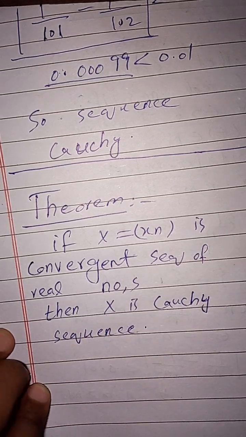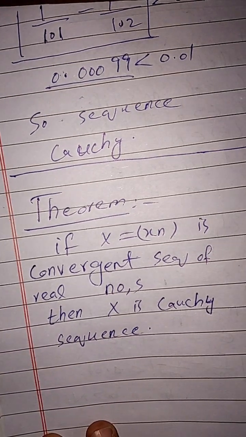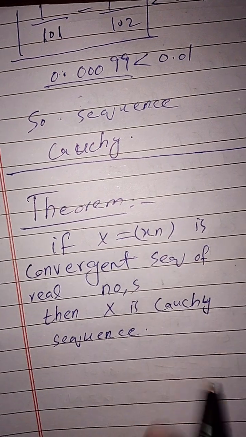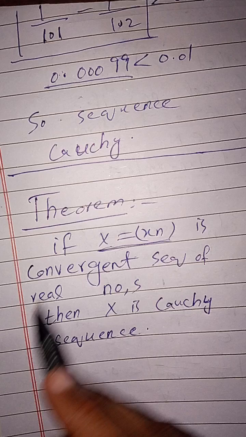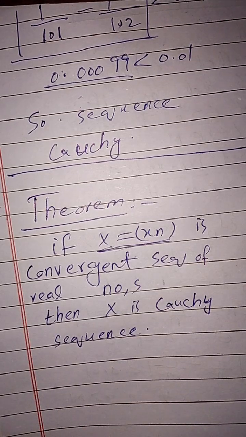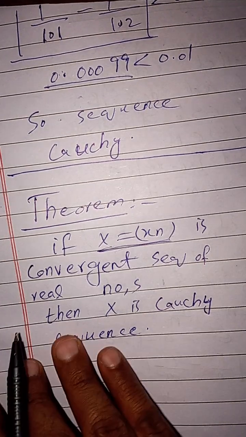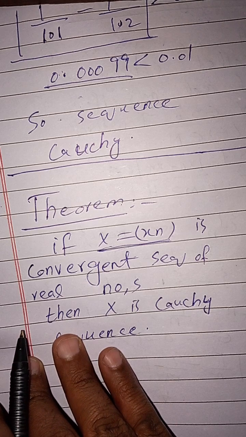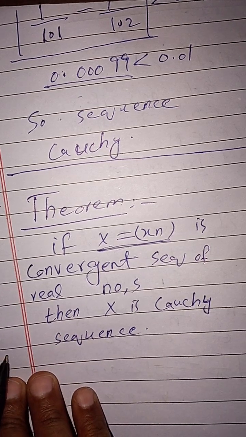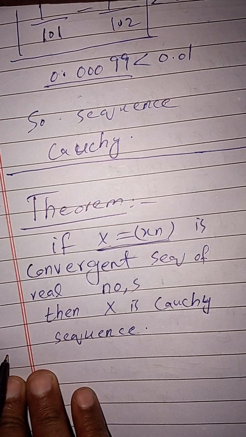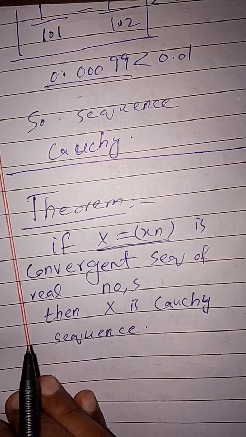So we have to prove that x is a Cauchy sequence. For that, we are given that xn is convergent, and we have to just prove that it is a Cauchy sequence.